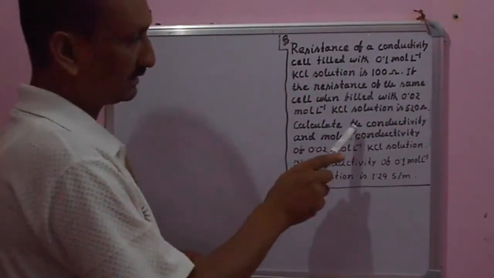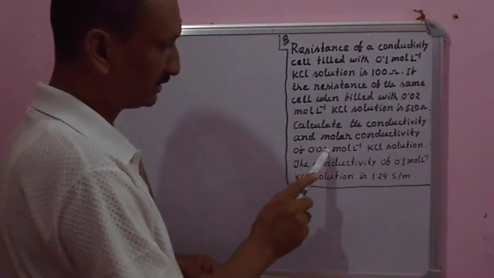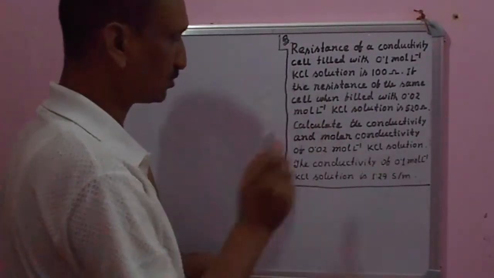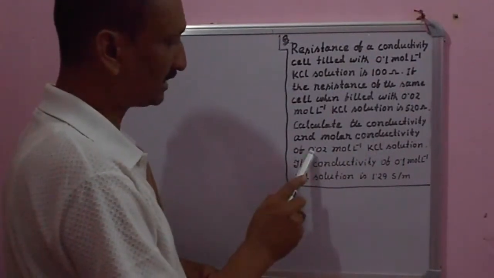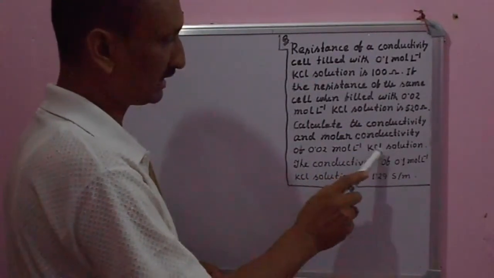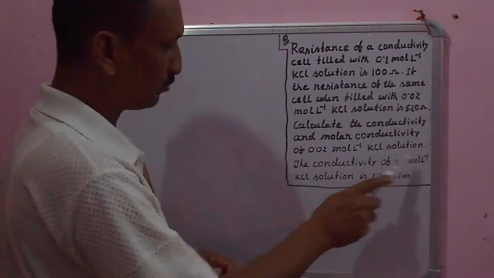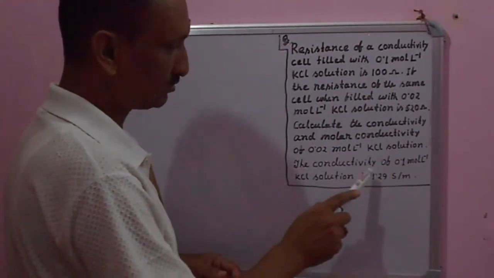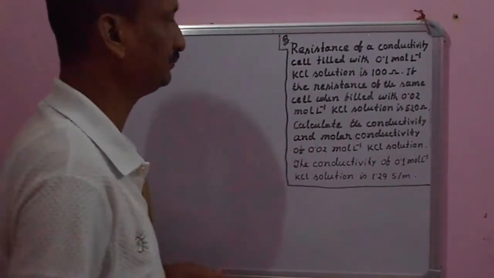Now we have to calculate the conductivity and molar conductivity of 0.02 mole per liter KCl solution. So we have to calculate the conductivity and molar conductivity of the second solution. Here the conductivity of 0.1 mole per liter KCl solution is 1.29 Siemens meter inverse, that is given.